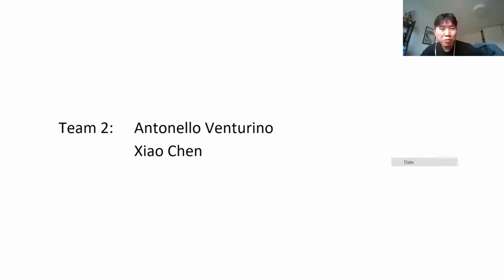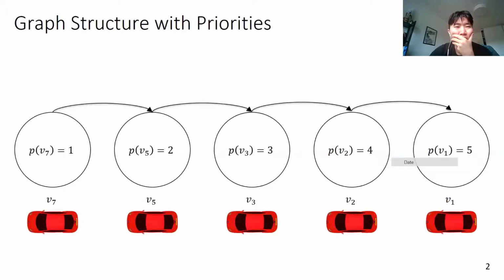Yeah, so we are Team 2, Antonello and Michelle. I guess we can just go directly to the graph. So basically we had something similar, but we didn't have the communication link between the leader of the platoon and every platoon member.